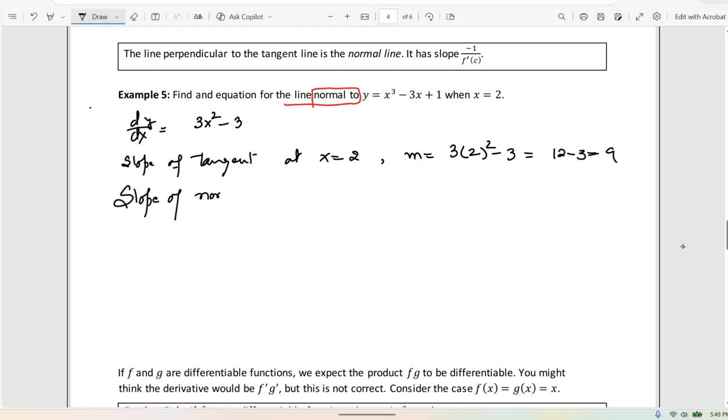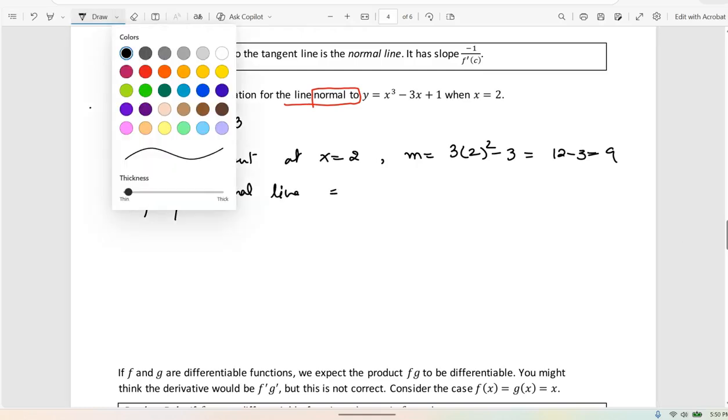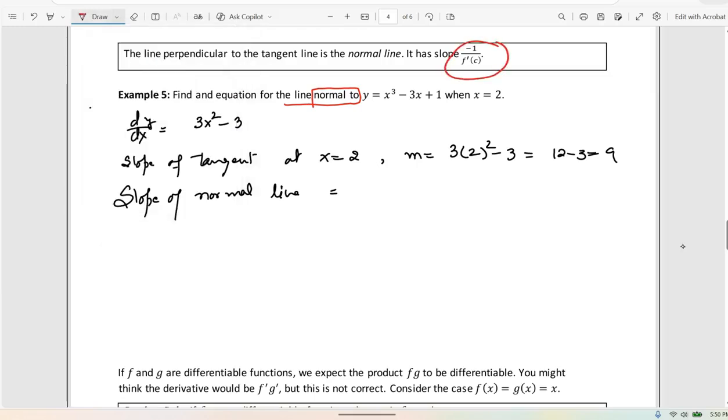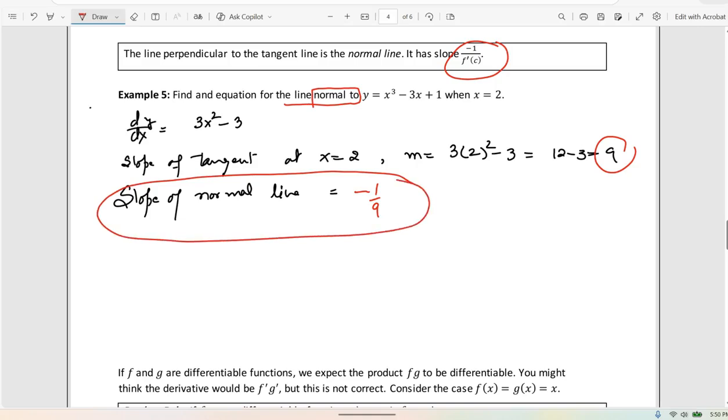We need the slope of the normal line. What is that? That is the reciprocal of this with a negative sign. So that would be negative 1 by 9, the slope of the normal line.